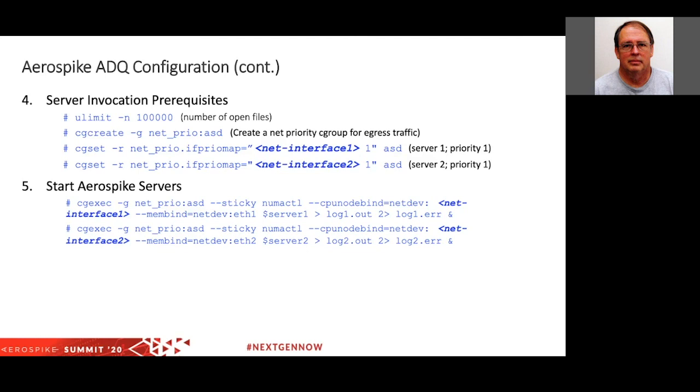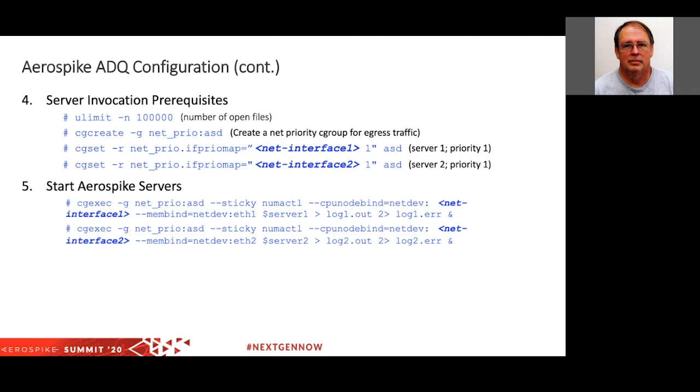In this particular example, there are two commands because we're running two instances. We're creating the control group, and then this control group is being set to priority 1, where a lower number means lower priority.